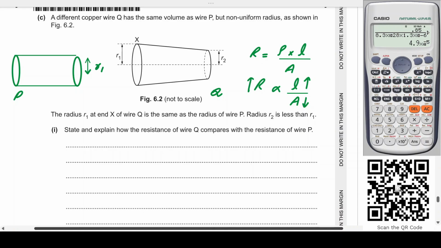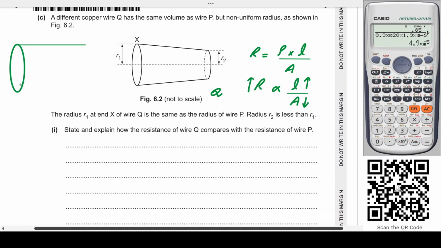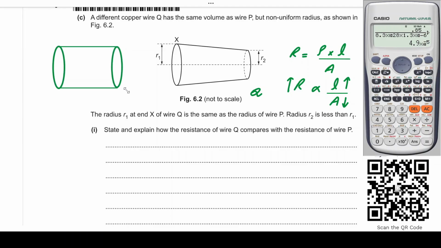If we talk about the cross-section area, the cross-section area of the wire Q is smaller than that of wire P, because if I draw it on scale, this is technically wire P. This side is the same for wire P. So this is the radius of wire P, and wire P has a uniform cross-sectional area.